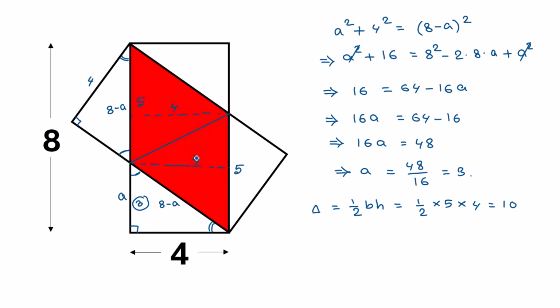So this area is the same as this area. So the total red area is 2 times this area, as this is 10 unit and this will also be 10 unit. So we'll get 2 times 10 is equal to 20. So the red area is 20 square unit.